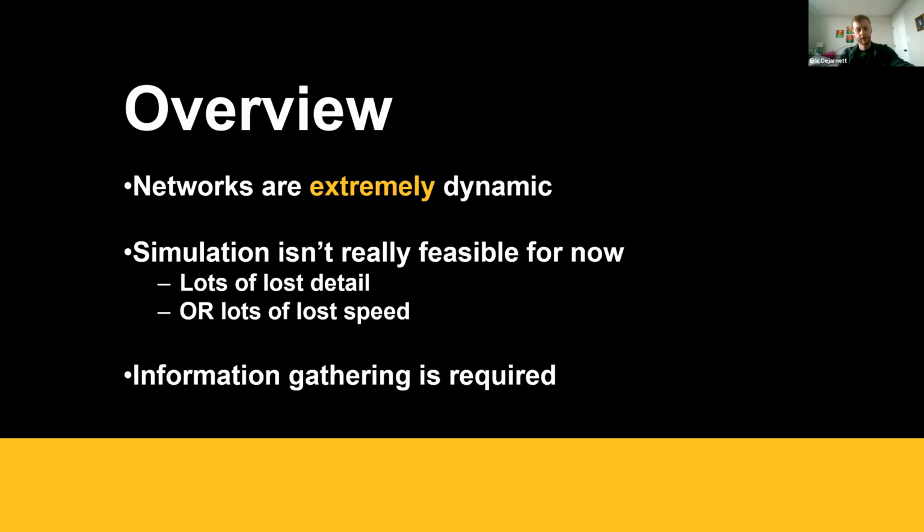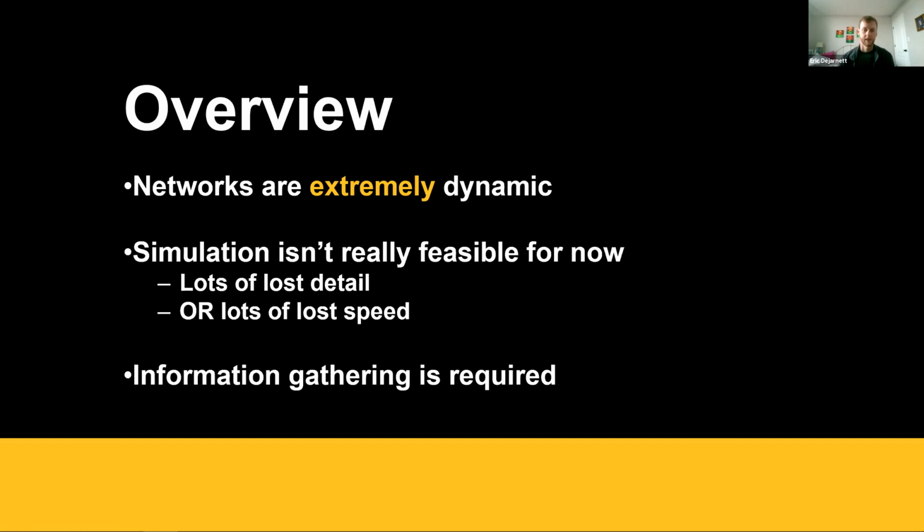Like I mentioned, networks are really the big problem point. They're super dynamic, with lots of detail and lots of information, and simulating networks is the hard part of automating this, because a lot of the tests have revolved around simulating networks, and it doesn't really work out for realistic work, because you either lose a lot of detail in the pursuit of speed, or it's just not fast.